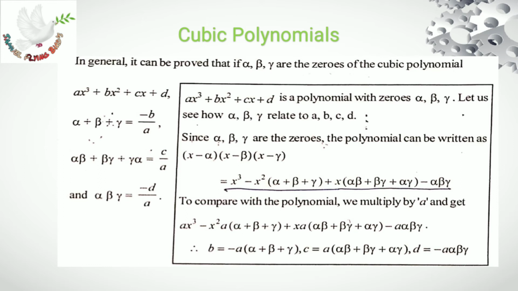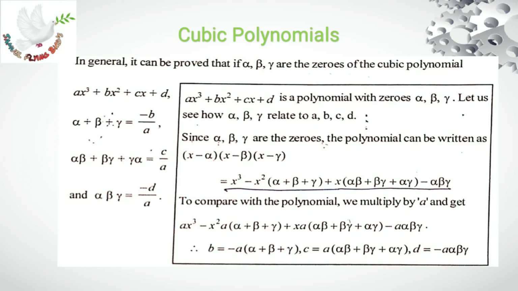Here we have considered ax cube plus bx square plus cx plus d as a polynomial with zeros alpha, beta, gamma. Let us see how alpha, beta, gamma are related to a, b, c and d. Since alpha, beta, gamma are the zeros, the polynomial can be written with factors x minus alpha, x minus beta and x minus gamma.